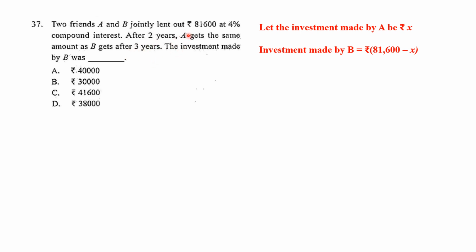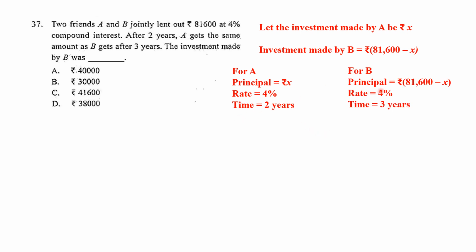But for A the time will be 2 years, and for B the time will be 3 years, but the rate will be 4% for both. So for A, principal will be X, rate is 4%, time is 2 years, and for B, principal will be 81,600 minus X, rate is 4% and time is 3 years. Now, according to the question, the amounts for A and B are equal. So let's find the amount.